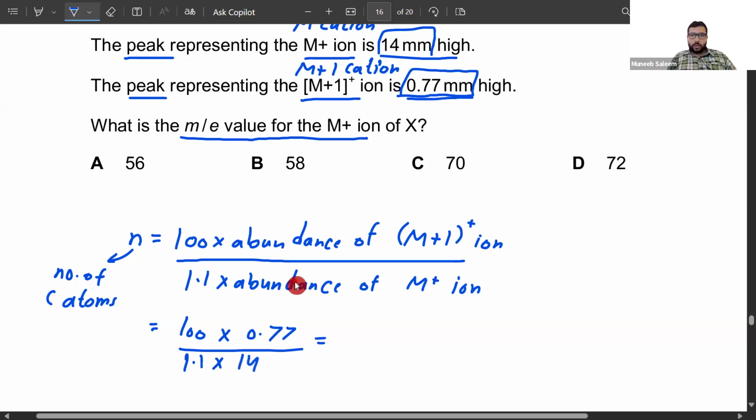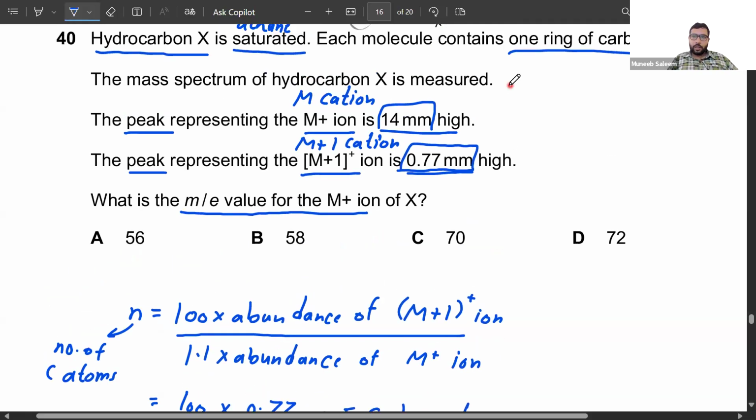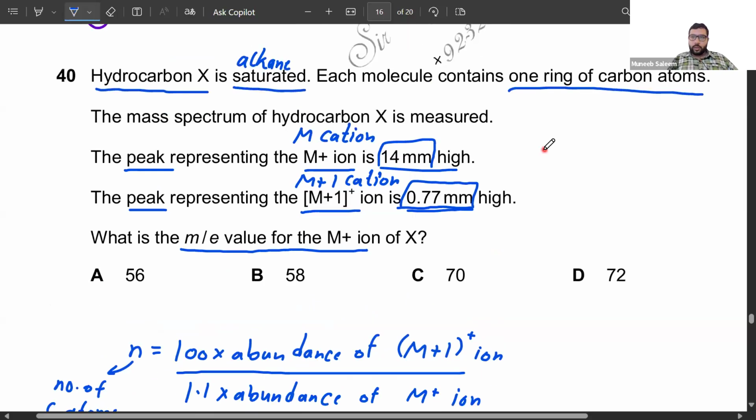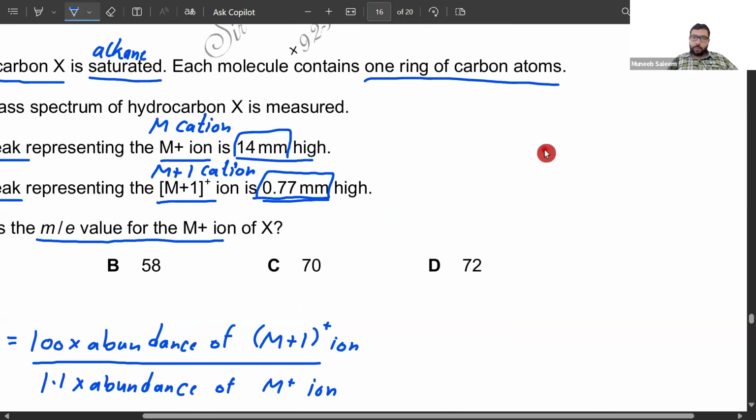When you do the calculation, you will get the answer equivalent to 5. So the answer will be 5. That means there are 5 carbon atoms in the hydrocarbon molecule, and that hydrocarbon is a ring structure. So we can easily have this type of compound.